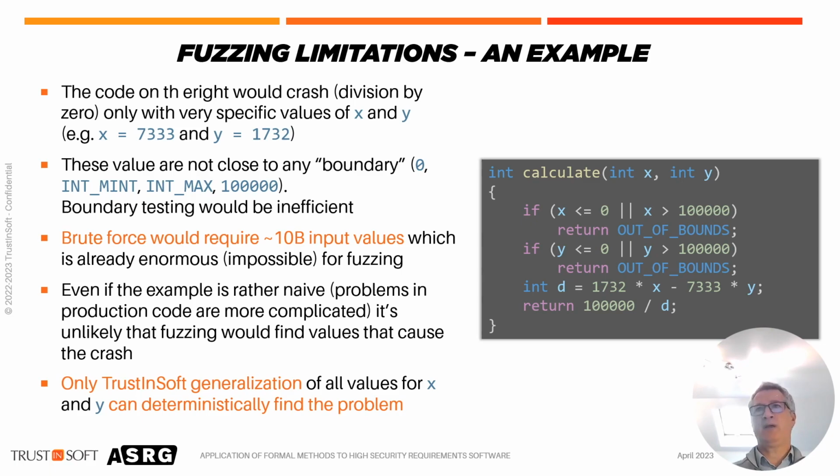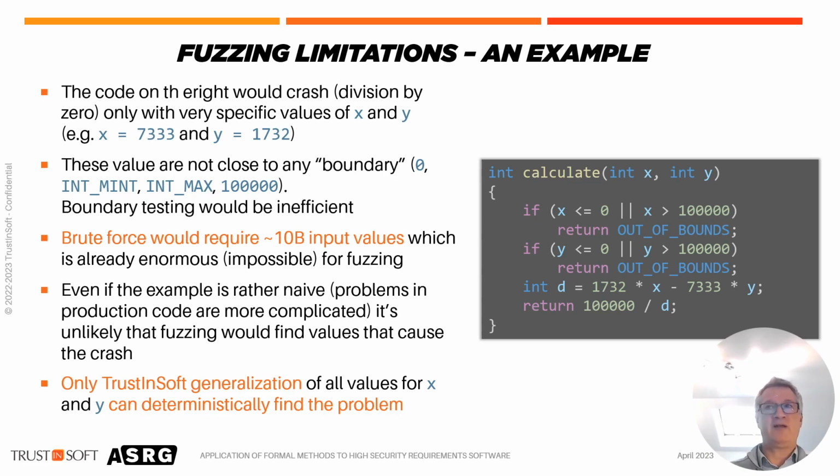Already with x and y in the range 0 to 100,000, that's 10 billion possible inputs, so the fuzzer cannot try them all one by one. Typically, fuzzers allow you to test 10 million or maybe 100 million inputs, but nothing above that. So you are unlikely with a fuzzer to find the values that cause a problem in that very simple example.